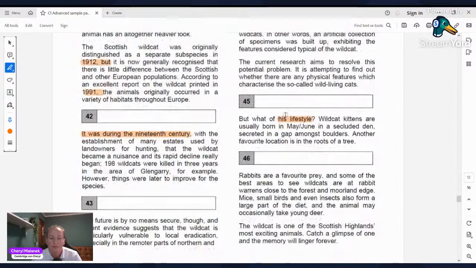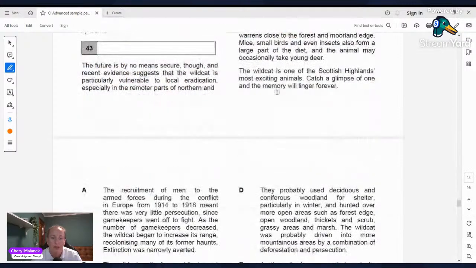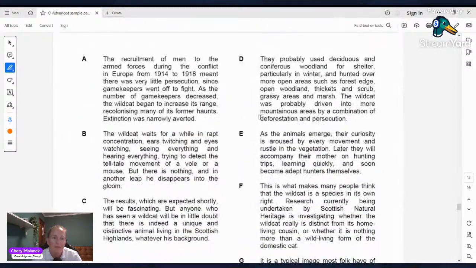Okay. So words like this are giving us clues. If I look at the gaps, what's going in the gaps? They probably used. So they, who is they? They would be mentioned in the paragraph before. As the animals emerge, which animals?